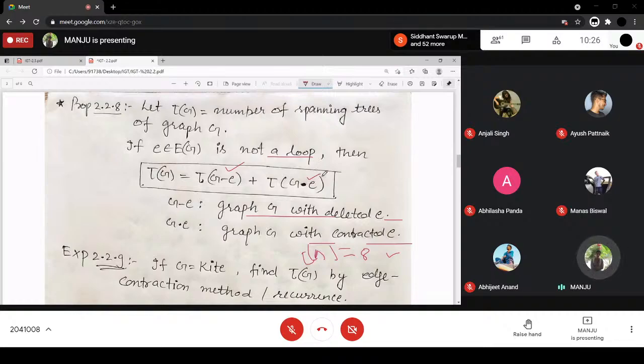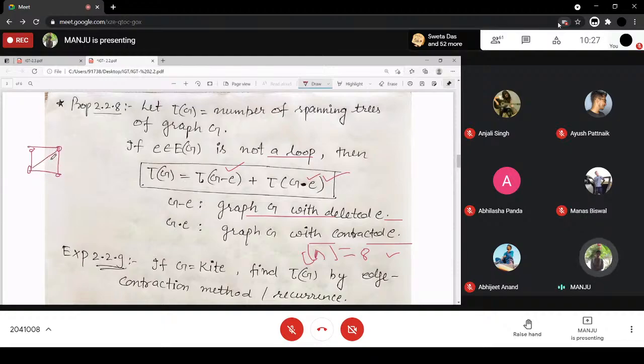So by this method, can you find the number of spanning trees? Yes, by using this one only. Are you getting it or not?